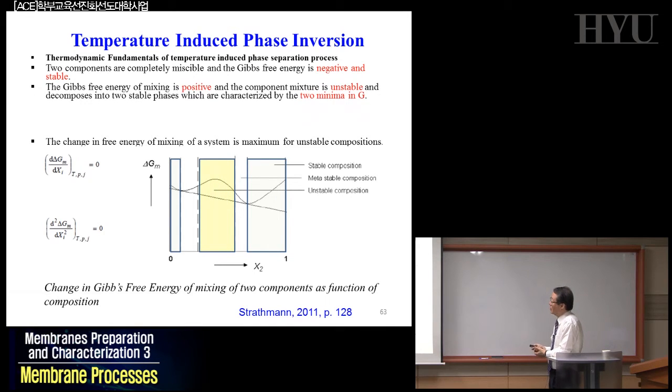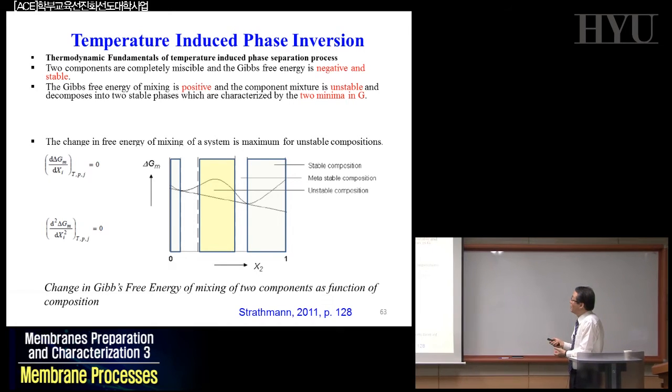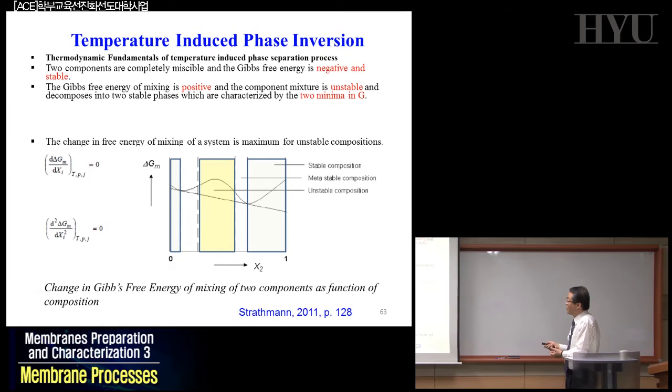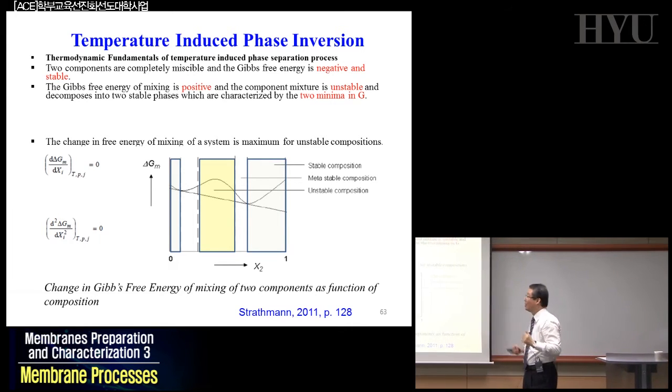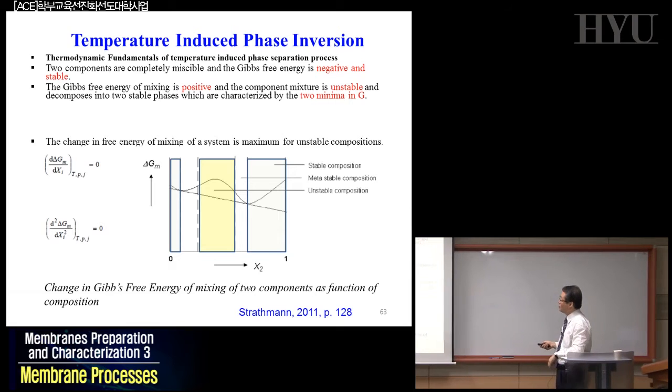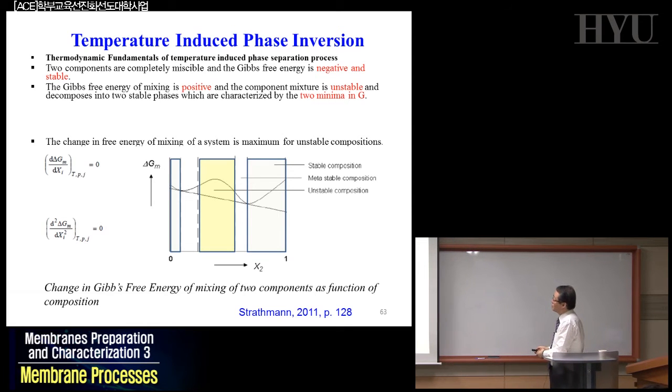And we can take a look at the opposite case, where we have a positive Gibbs free energy of mixing, and this is the unstable region, the red area.